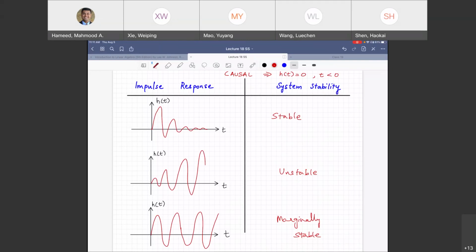So you will get oscillations. You see this in RLC systems: the RLC transient response has decaying exponentials with sinusoids, growing exponentials with sinusoids, and this one is just a sinusoid with no exponential damping. So that is related to system stability. If you treat those responses as impulse responses, that's related to the stability of the system. Questions about this?